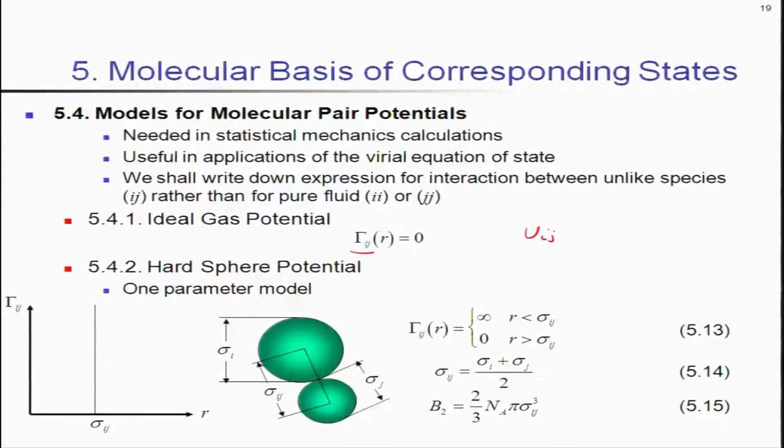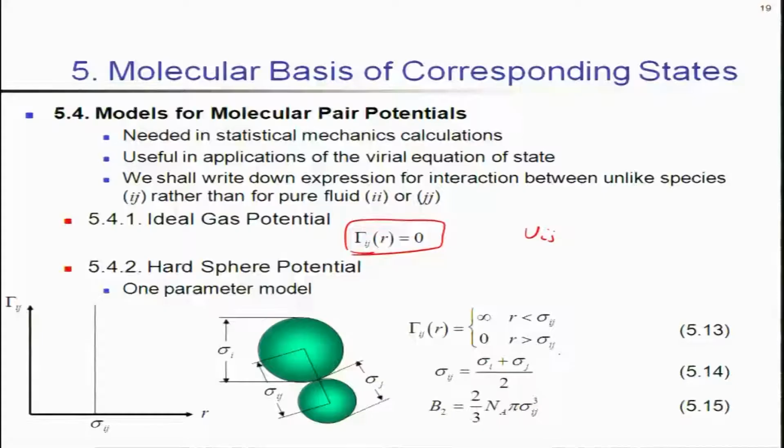Now, for the case of like particles such as a pure fluid, we will be considering ii. For the case of unlike species, let us say solute and solution, we will be considering ij. For the case of the ideal gas potential, we know ideal gas particles do not interact, and thus gamma ij should be 0.